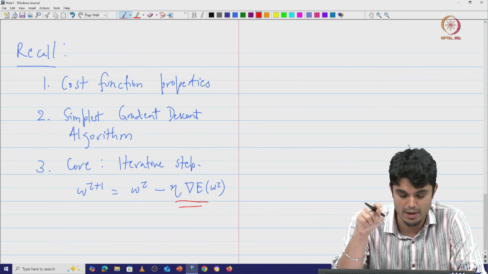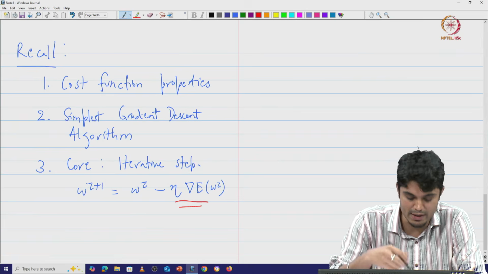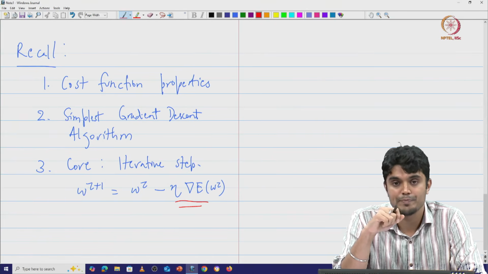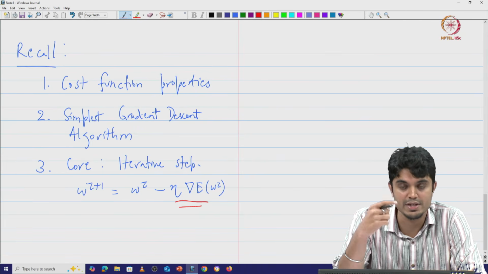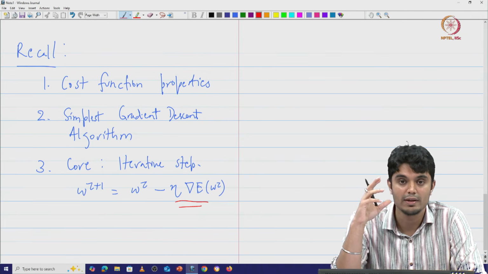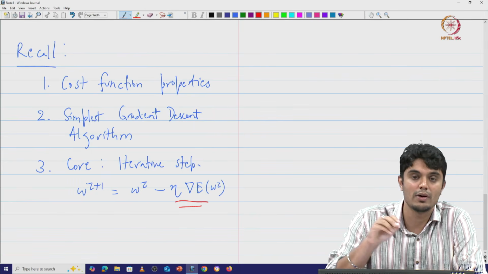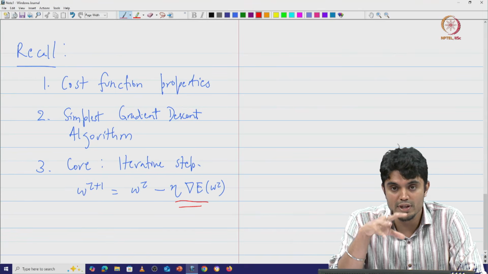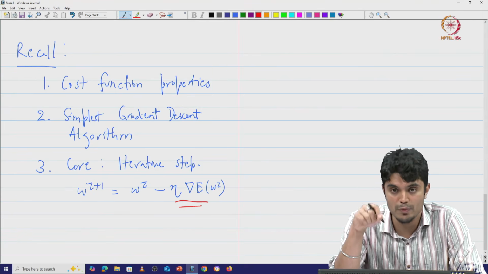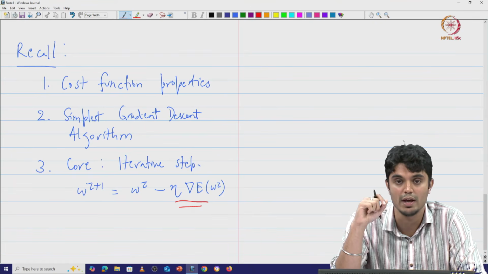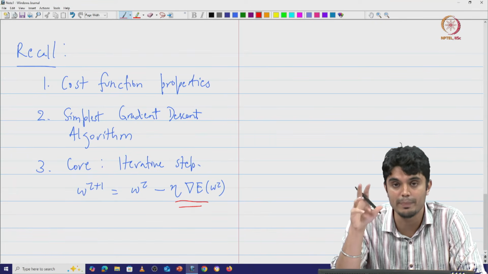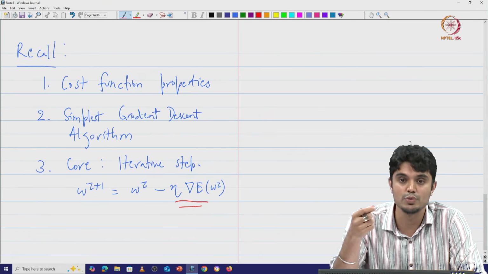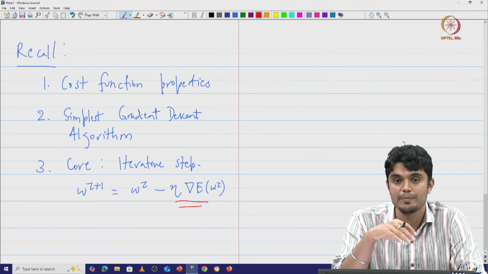The convergence meaning when in the iterative step you arrive at one particular parameter and then the iterative step stops changing it significantly, and you do this for multiple of these starting points, which is omega 0, and you arrive at one of the local minima for each. What you do is compare the cost function value at each one of those minima and then choose the one which is the lowest.